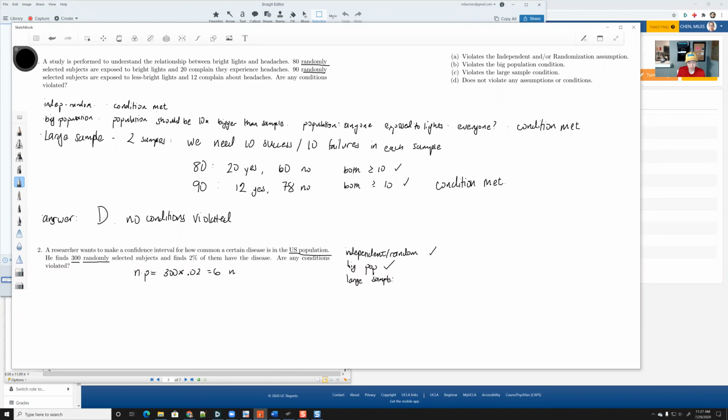This is not bigger than 10. Okay, so the large sample condition has been violated, or has not been met. Okay, so our answer is going to be answer choice C.